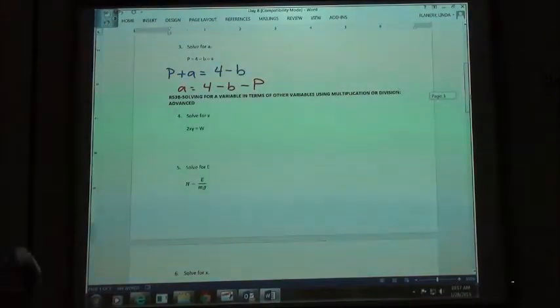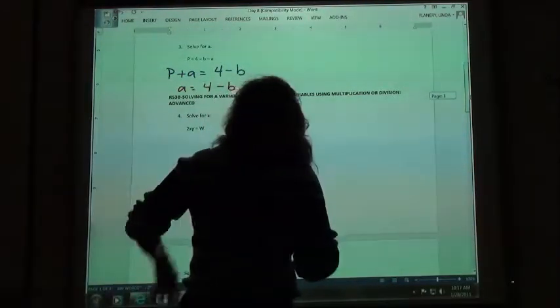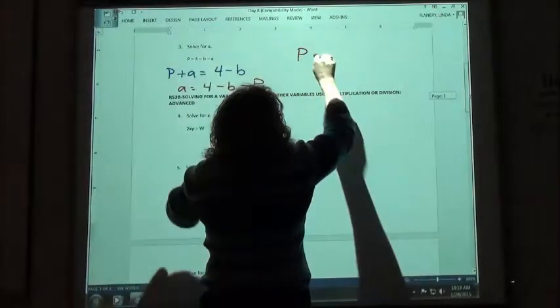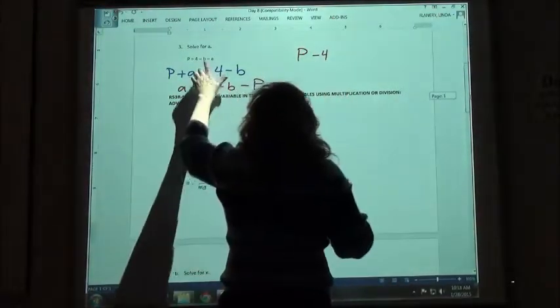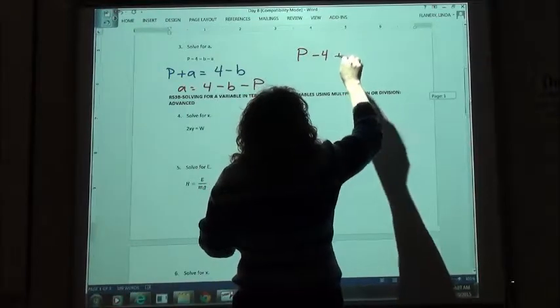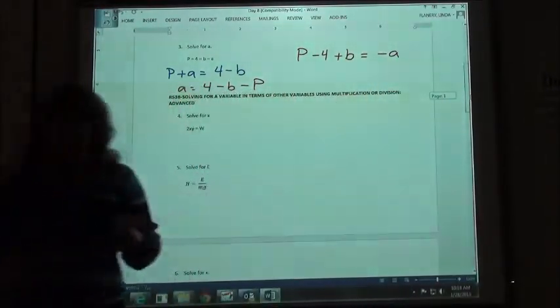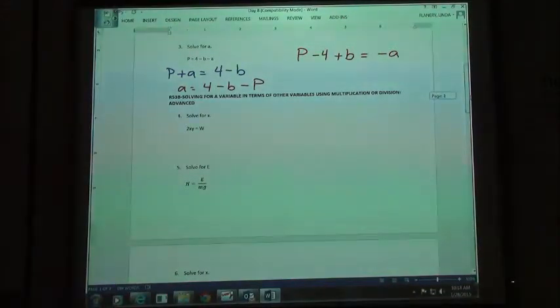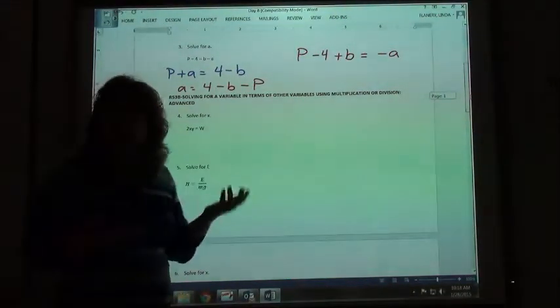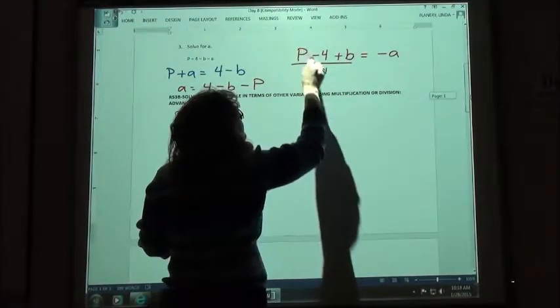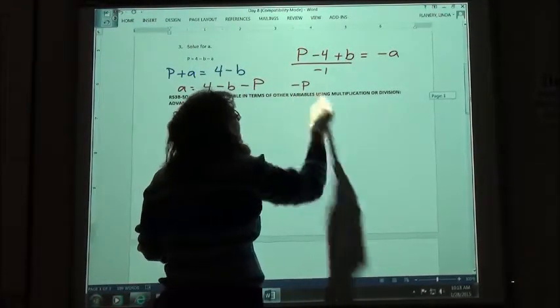Otherwise, if you didn't move the a first, just for those who didn't think of doing that, if I took the p and I moved my 4, I would have minus my 4. If I would have moved my b, I would have added my b, but then I would have had a minus a. And if I have a minus a, I end up having to divide everything by -1, which just changes all of my signs. So positive divided by a negative is going to make that negative.